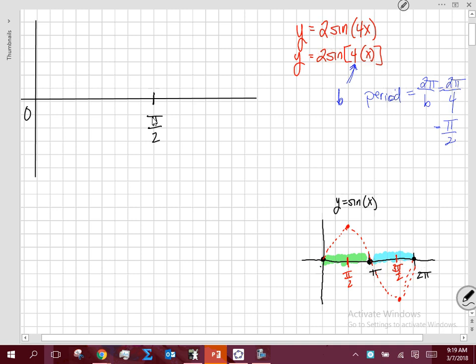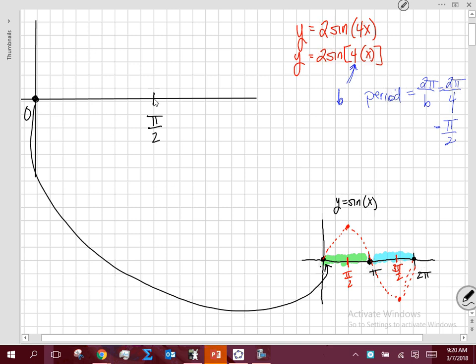But if I set it up using pi over 12, I might go through this graphing and only use 2 of those points. Does that make sense? And I did a lot of unnecessary work maybe for developing the graph. So I'm going to do pi over 2 and 0. And I know that down here, because it's the sine function, that point of 0 is going to correspond to that point at 0, right?